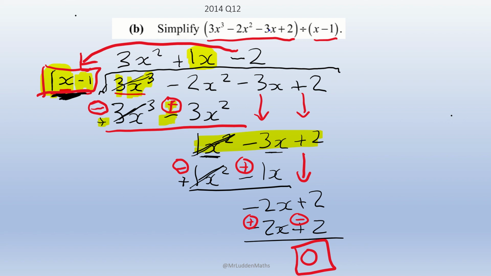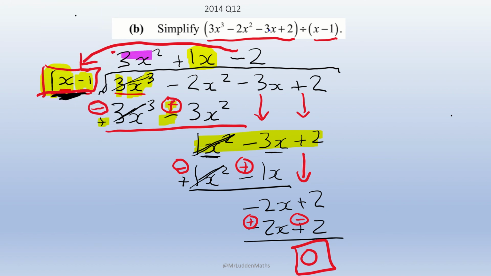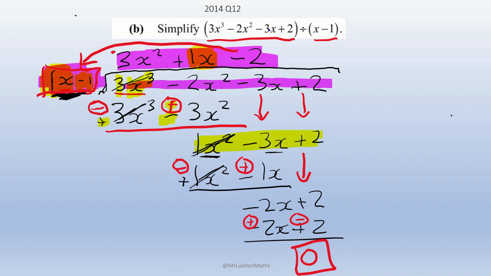So just so we're clear, up here at the top, let me get a different colored highlighter. I'm going to highlight it in pink. In pink here is your answer. You have found out that 1x minus 1 goes into 3x cubed minus 2x squared minus 3x plus 2.